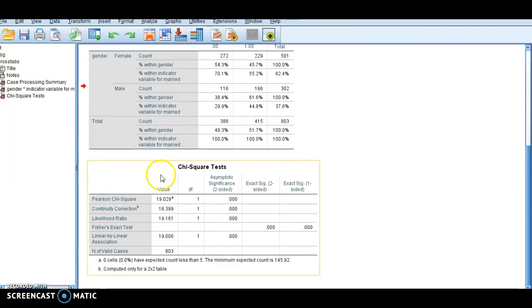I will say that the book mentions the continuity correction. If you've put this in your homework as your answer to any chi-square problem, that's perfectly fine. This is just a slight correction that gets used to make up for the fact that we're trying to estimate something, to sort of make it like a continuous distribution even though it is categorical. And this is just an adjustment that gets made.